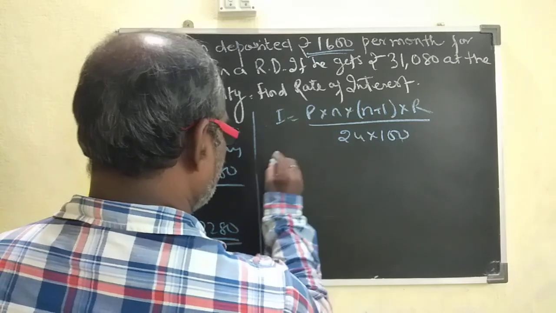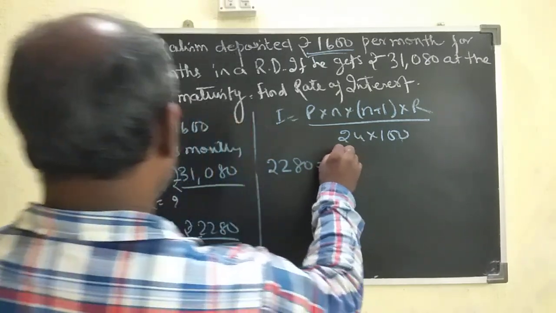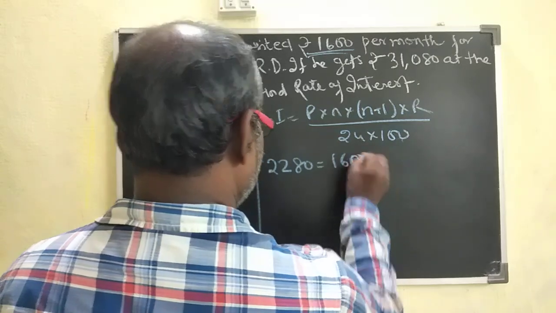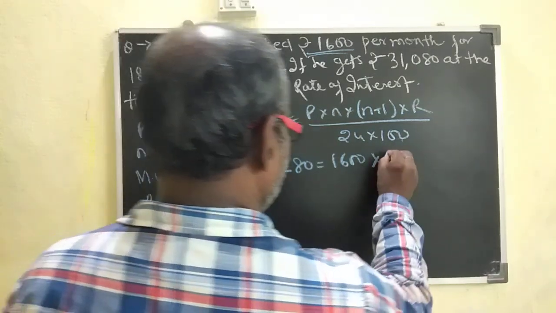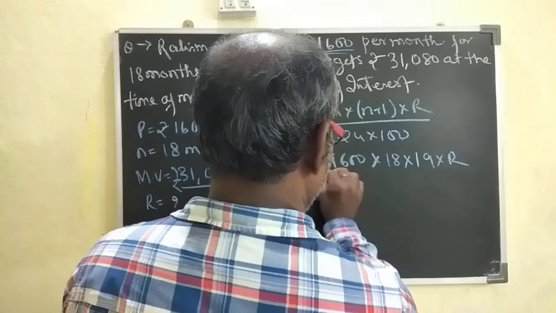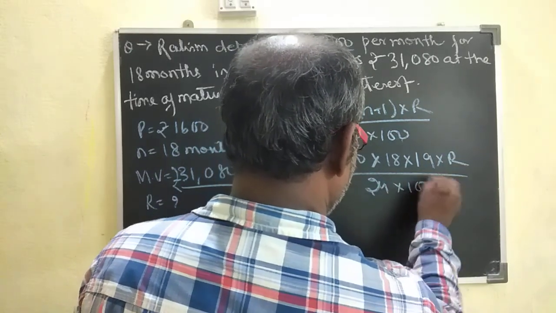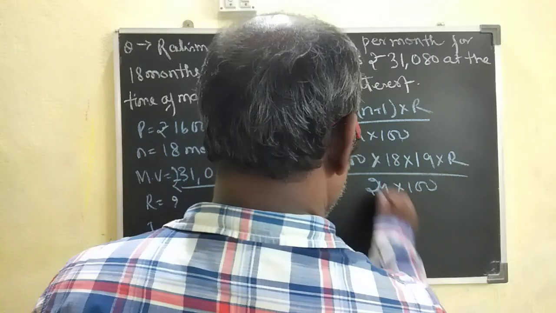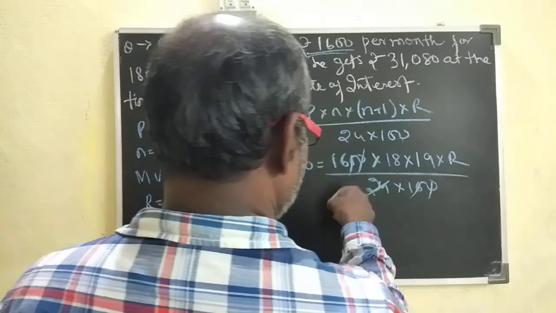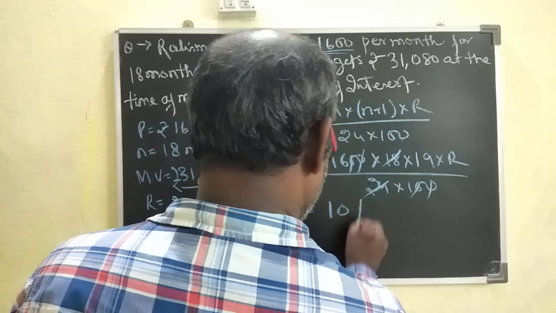Here interest equals 2280 equals principal 1600 into 18 into 19 into R by 24 into 100. So cancelling out these two zeros with this, we get R equals 10%.